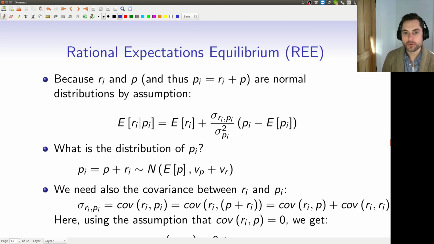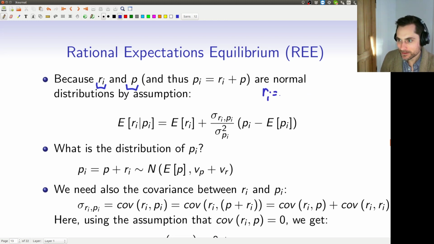Okay, so we've now assumed that Ri, the relative price, is distributed normally, and P is also distributed normally. Well, if that's the case, then since Pi is equal to Ri plus P, how do I see that? Let me just write this.